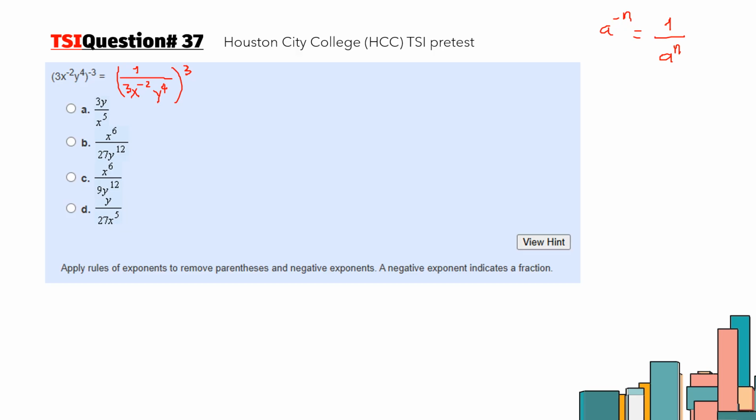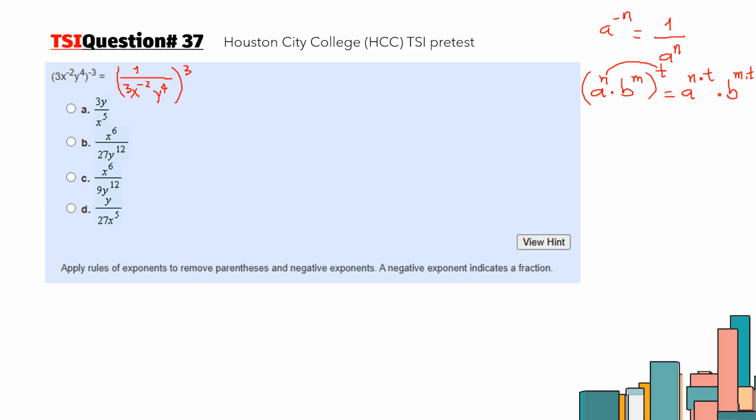Based on that, it's a little bit more to work with, and I can also use this to approach the problem. If you have a to the power of n times b to the power of m, all to the power of t, you can distribute the t in: a to the power of n times t, times b to the power of m times t.